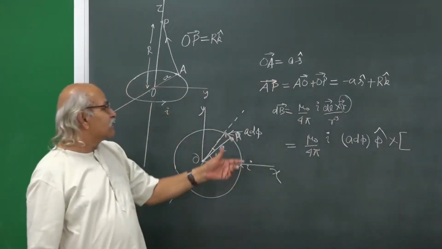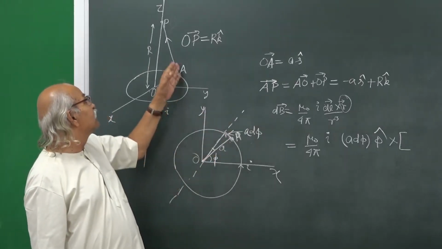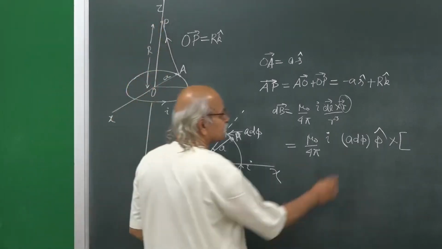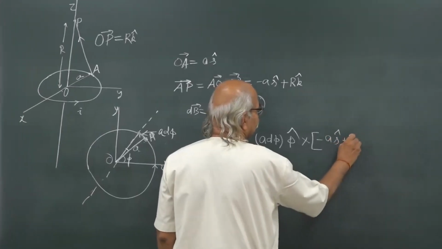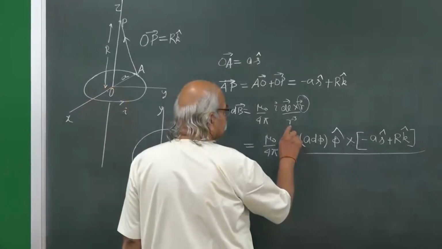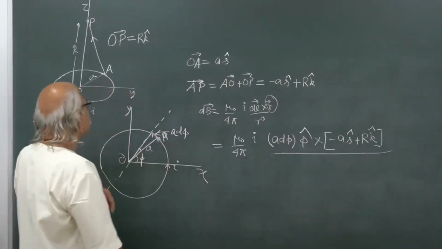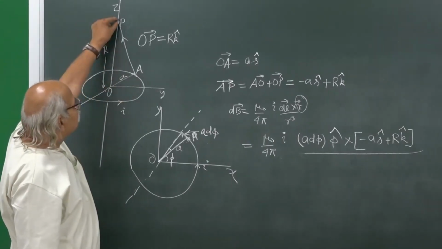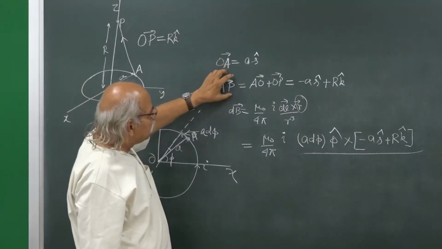this R vector, this AP, from the current element to the point where the field is needed. That AP will be minus A s cap plus R k cap, divided by R cube, and R is the length from the current element to the point, that means the magnitude of this AP vector.